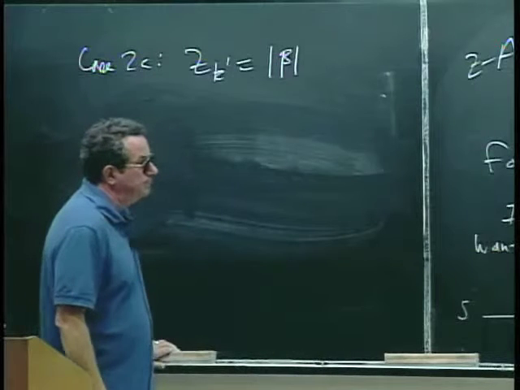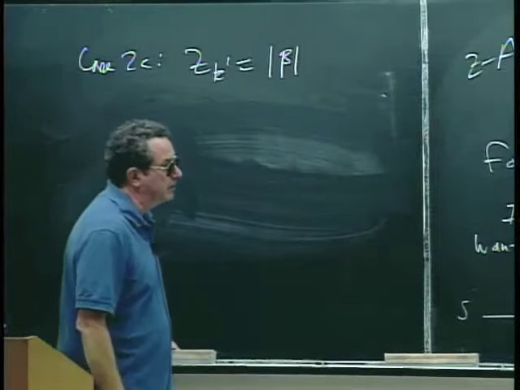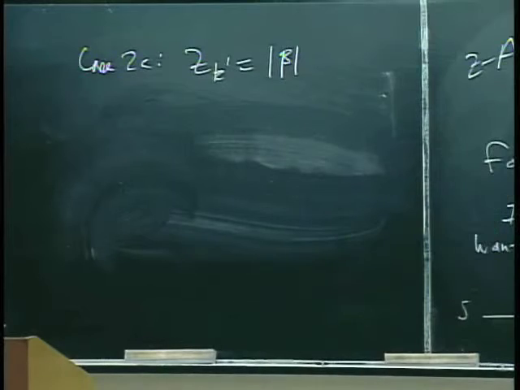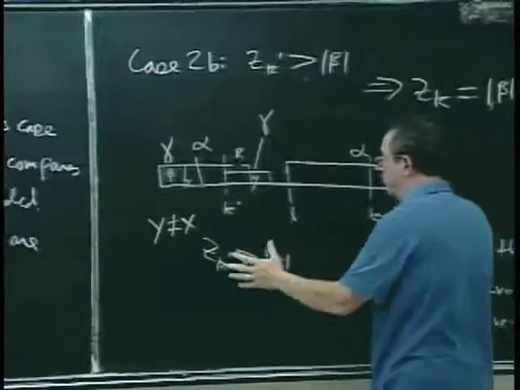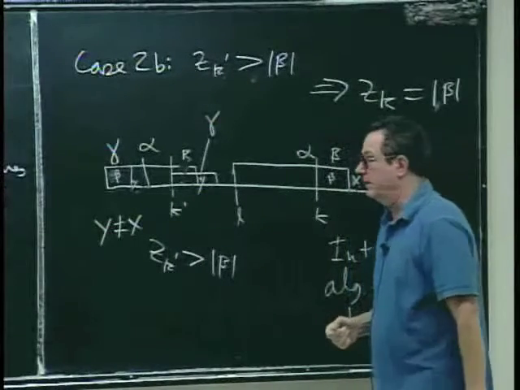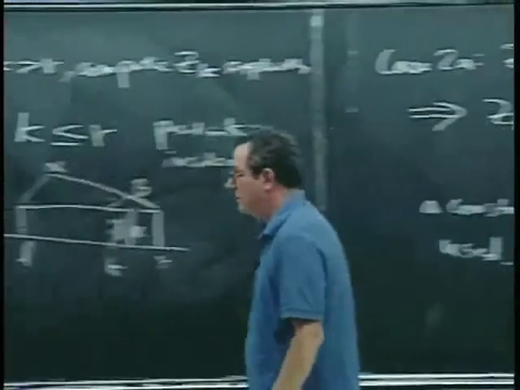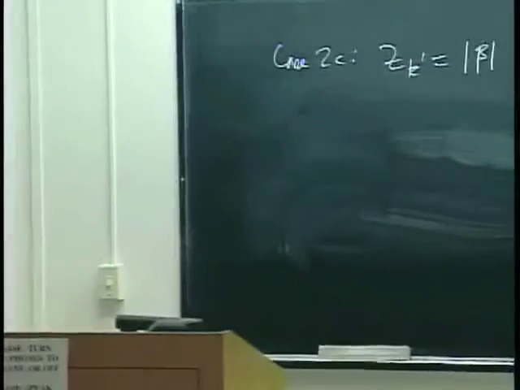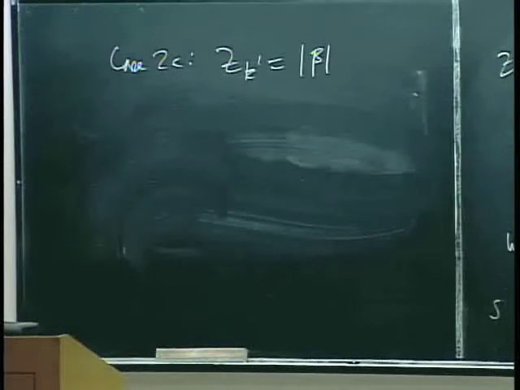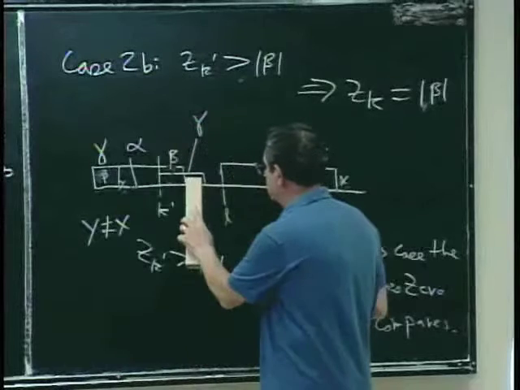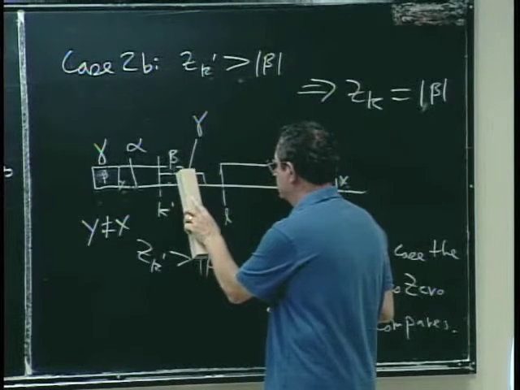Okay, I could redraw everything, but if you just go back over to here, let's see if we can just modify this picture. I'm making the cameraman do a lot of work here, and the people watching this are going to get dizzy. Okay, so now zk prime is strictly equal to beta.